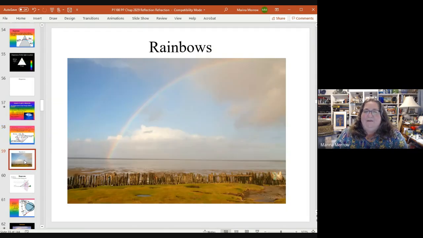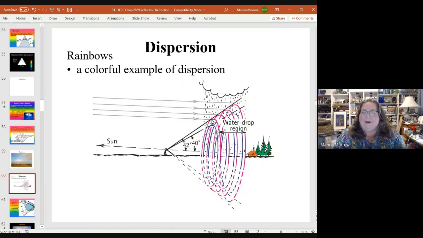Okay, now how do you get a rainbow? Well, obviously we've got the colors splitting into different colors coming at us from different directions, basically. What we're seeing when we're looking at a rainbow is the reds coming at us from one angle and the violets coming at us from another angle. Now, notice how you have to stand to see a rainbow.